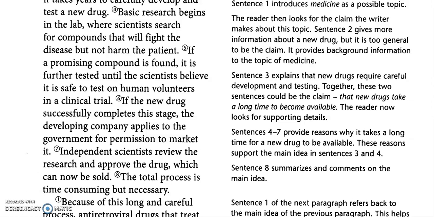I just want to say here where it says these reasons support the main idea in sentences 3 and 4, that is actually a mistake, and it should say in sentences 2 and 3. So I don't want you to be confused by that.